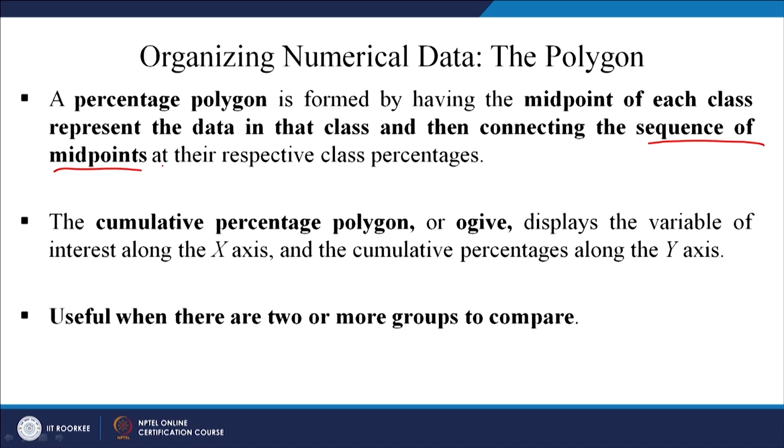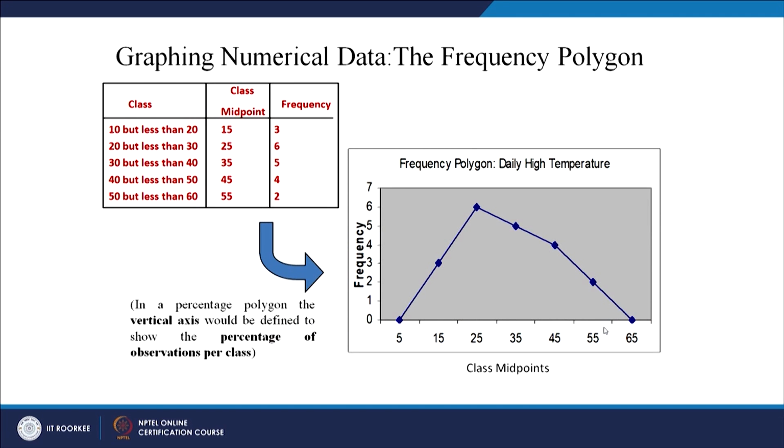So, you can also have a percentage polygon or a cumulative percentage polygon, also known as ogive, right. We will see how to draw a cumulative percentage polygon or percentage polygon. It is useful when there are two or more groups of data to be compared.